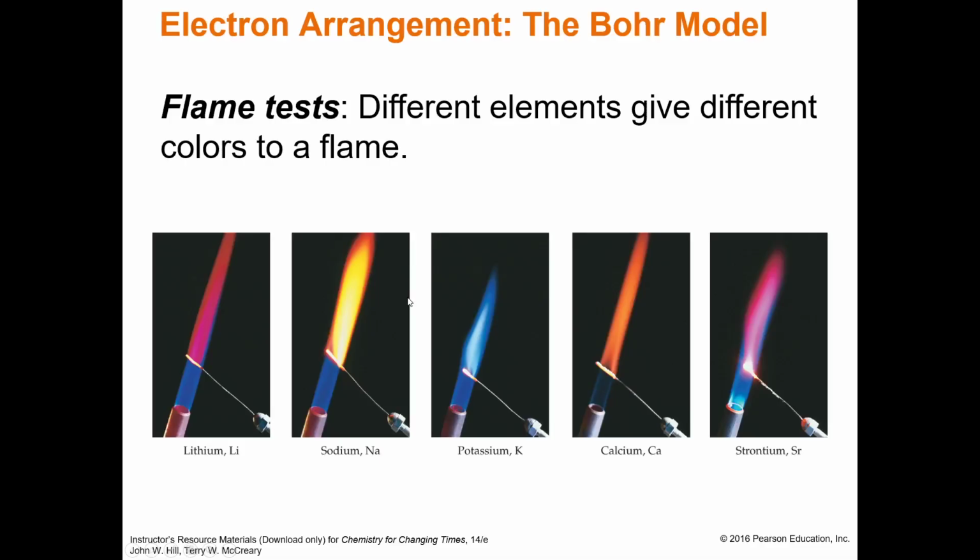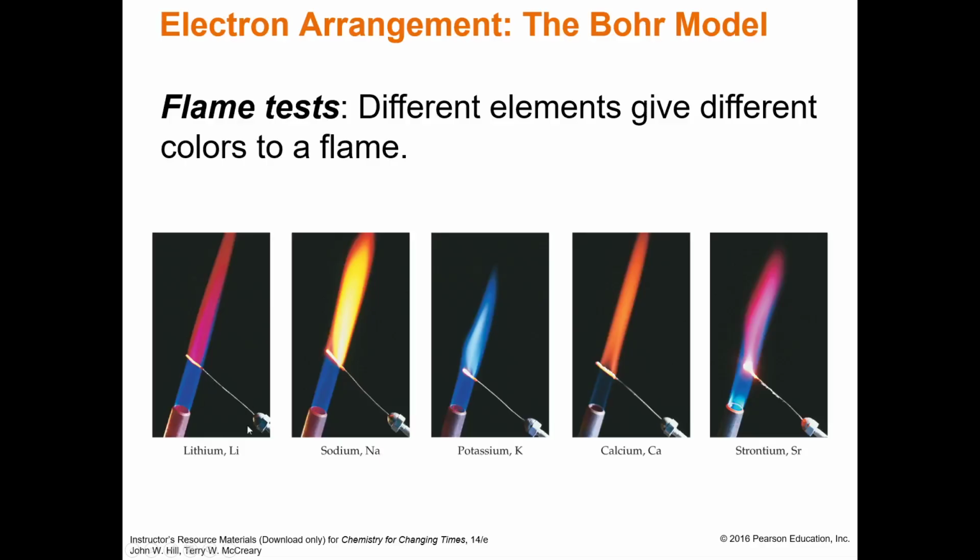When you burn these elements, you're exciting the electrons in them and causing them to be ejected and taken back up. And when these electrons are taken back up, you're going to give off different frequencies of light depending on the electron arrangement of that element.